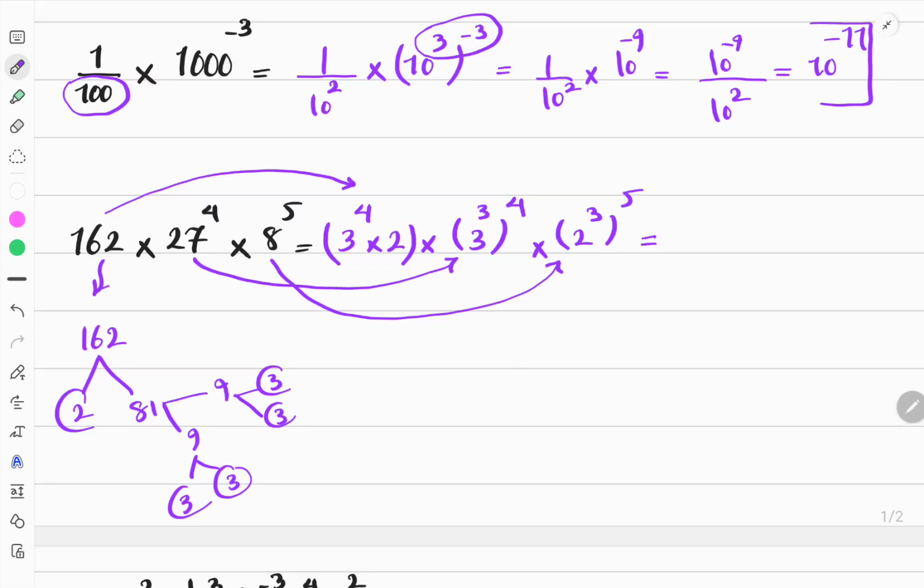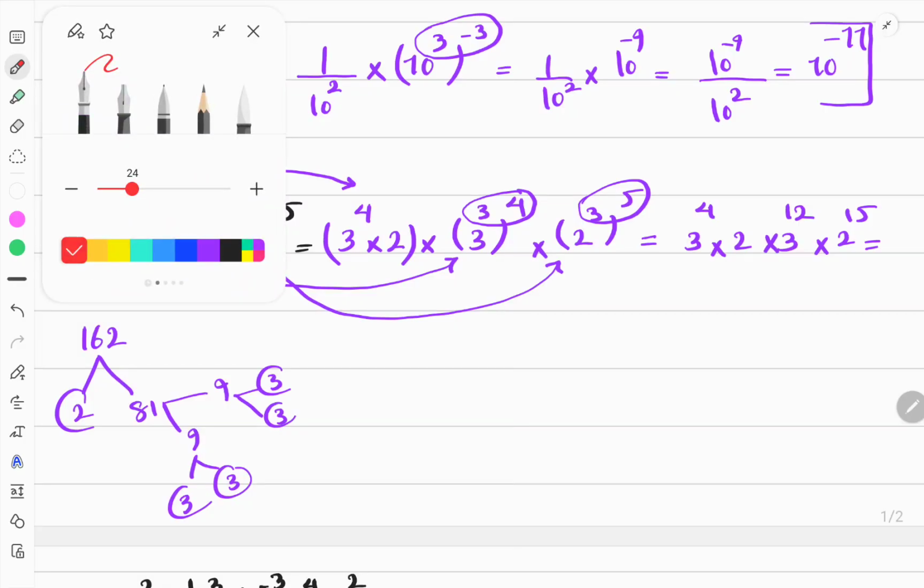Okay. When we have two powers, we are allowed to multiply them. So let me write 3 to the power of 4 times 2 times 3 to the power of 12 times 2 to the power of 15.